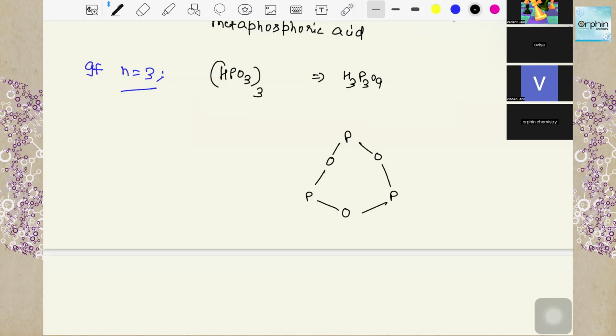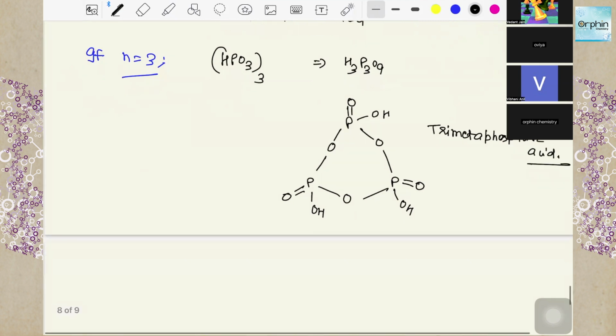In the oxyacid of phosphorus, there will always be a double bond O. So with 3 hydrogens and 3 oxygens, we make one OH with each phosphorus. Now this is trimetaphosphoric acid, because the number of phosphorus is 3 here.